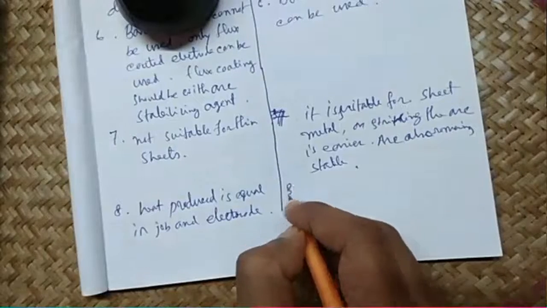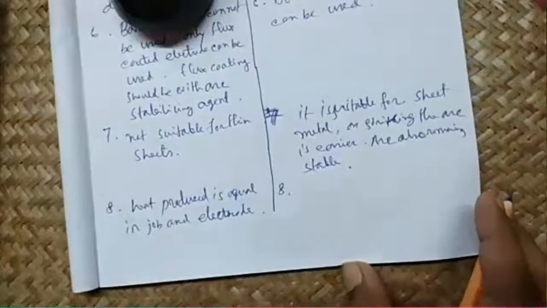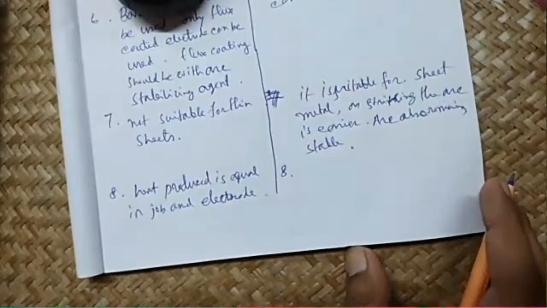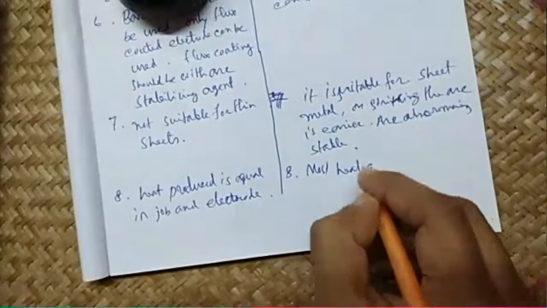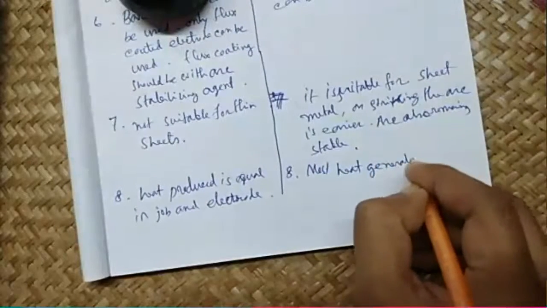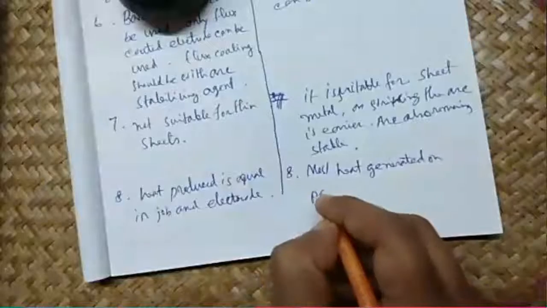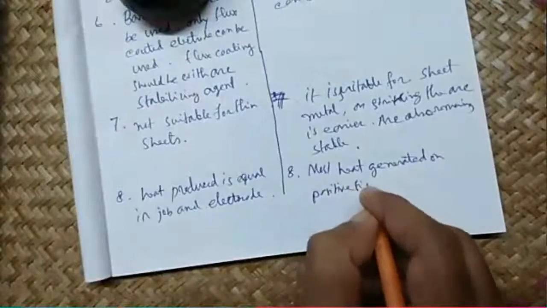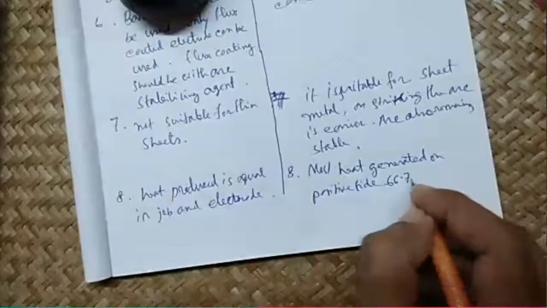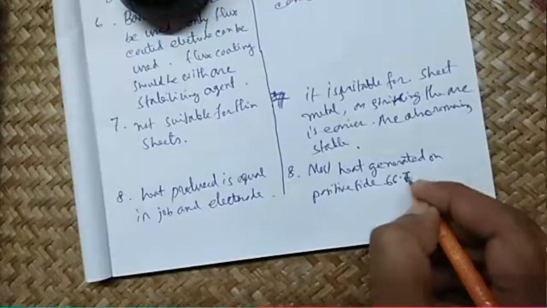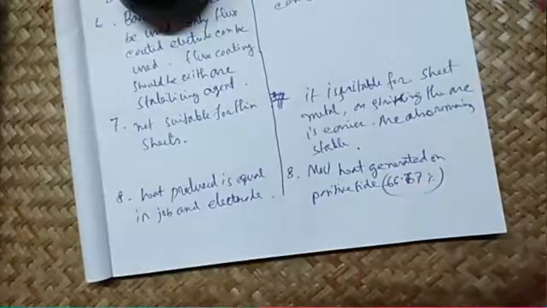Number 8 on DC, most heat generated on positive side, which is 66.67%.